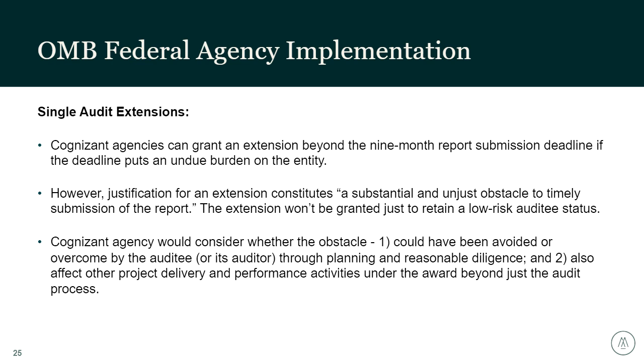Or was there a huge reason why your entire finance department turned over, and that's a substantial and unjust obstacle? So they're going to look at various different things. They haven't provided us examples of what scenarios they consider to qualify. However, it will be a case-by-case basis, and you'll need to talk to your cognizant agency about the justification that you provide when you're asking for an extension.